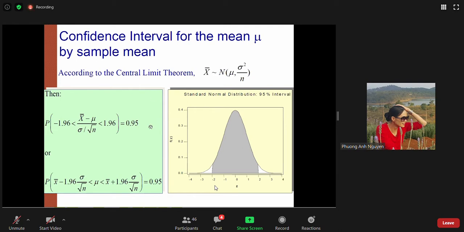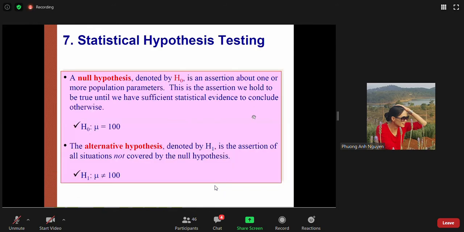So let's move on to the next section, statistical hypothesis testing, which is very important in econometrics. We test hypotheses all the time. It's easy to understand because associated with any model we have parameters. For a normal distribution, the parameters are mu and sigma.